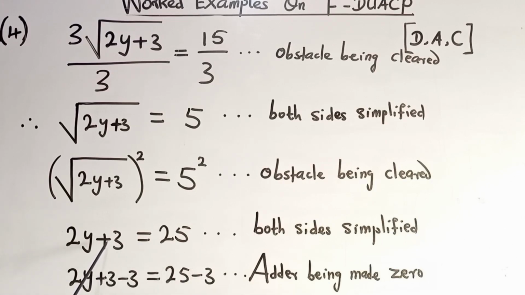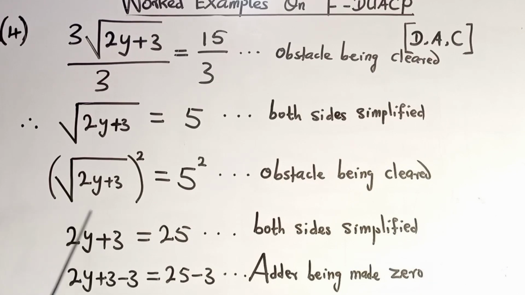By now, you must have become conversant with how to make adders become 0. Plus 3 must become plus 0. See it here, plus 3 minus 3. So comparing this left-hand side and this left-hand side, what is new? Minus 3 is new to this left-hand side, which means it is newly introduced to achieve a goal.